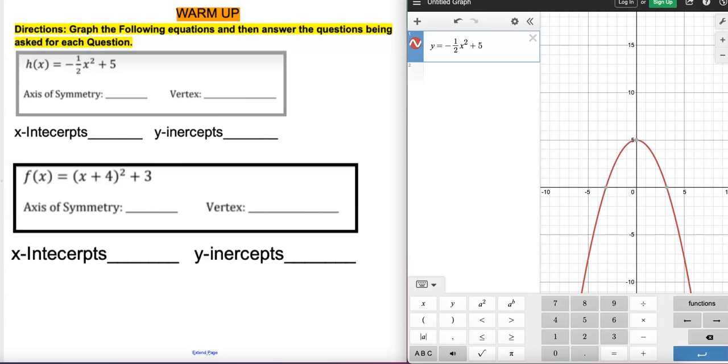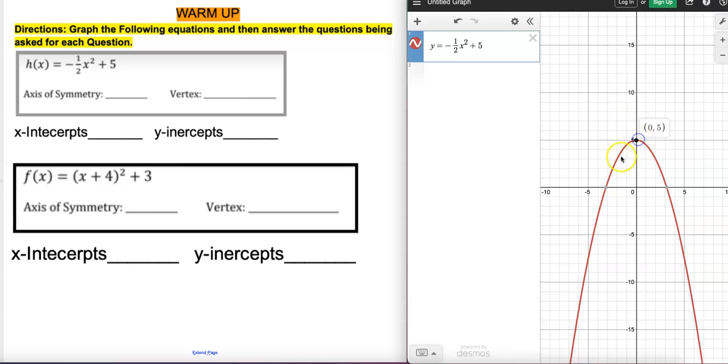Okay, so I see here my vertex is at 0, 5. So over here, I'm going to write my vertex is at 0, 5. Since this is my vertex, I know my axis of symmetry is the line that goes directly through that vertex. It's a vertical line, so it's going to be x equals 0.